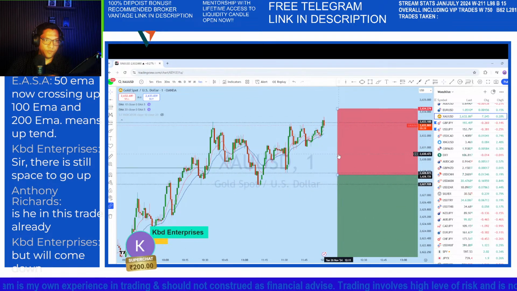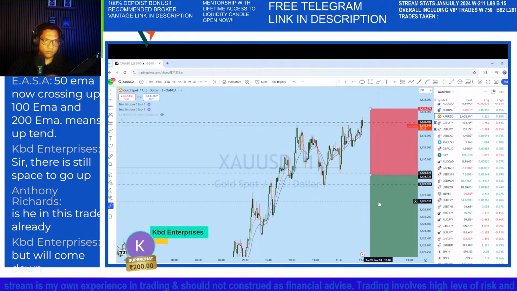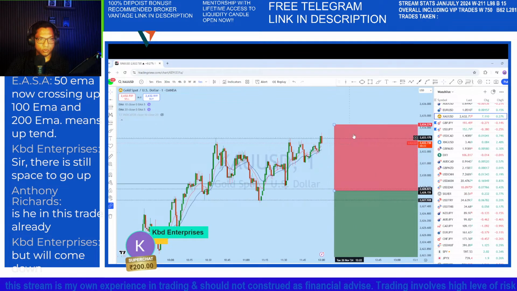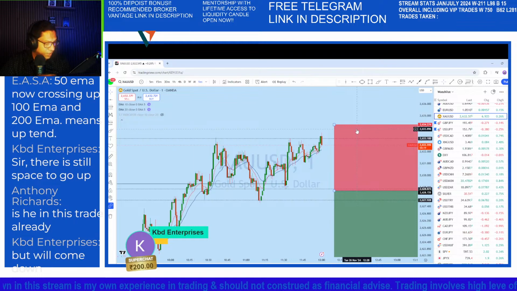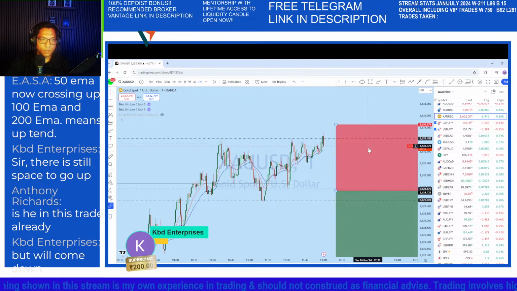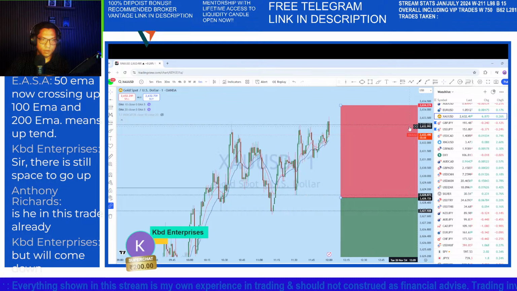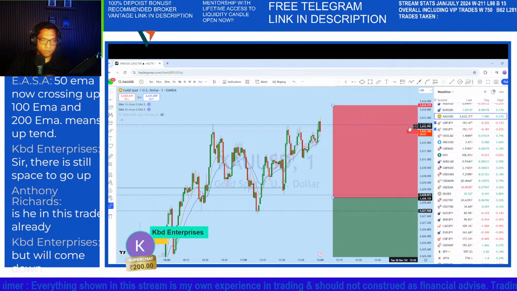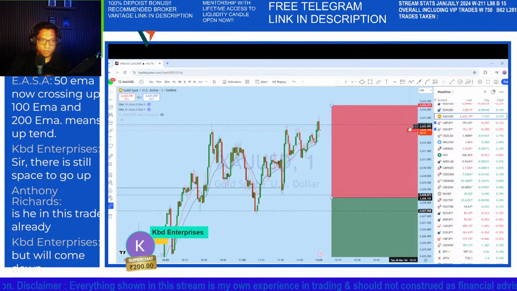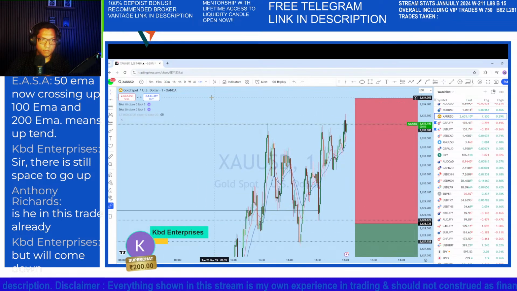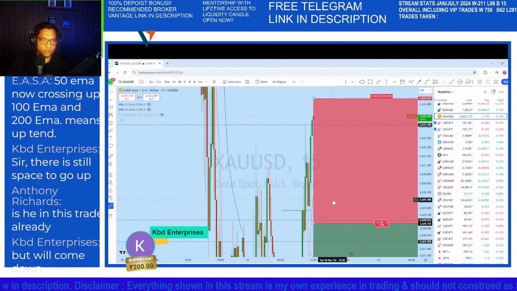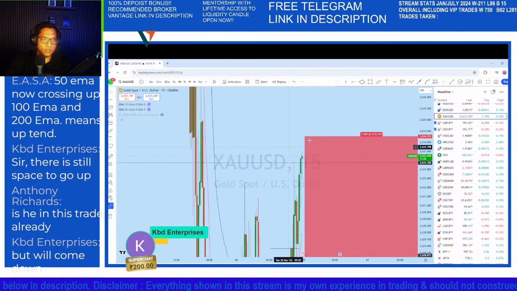And if it is a false breakout, then from that resistance we want to see it come back below, right? So it's the 1 minute chart. I think we might see a continuation of this trend.